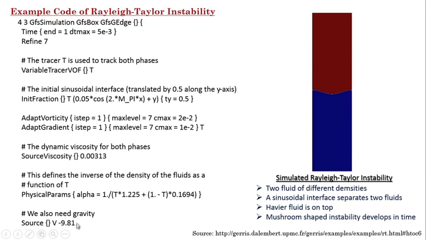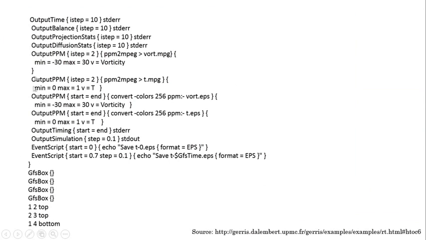This is the syntax for writing the source term, the gravity source term, V minus 9.81. Here minus because V is in the upward direction, but gravity is acting in the downward direction. That's V minus 9.81. These are the steps for generating output simulation files.